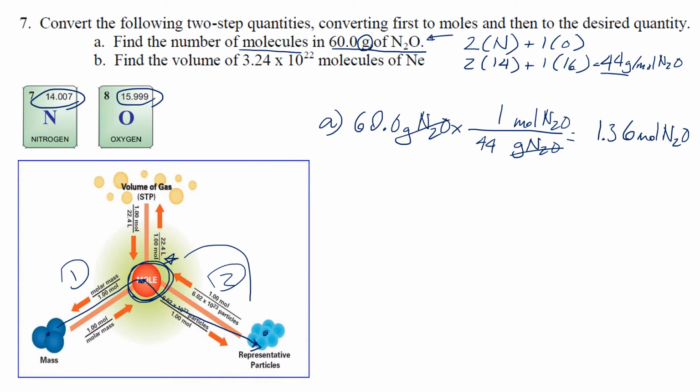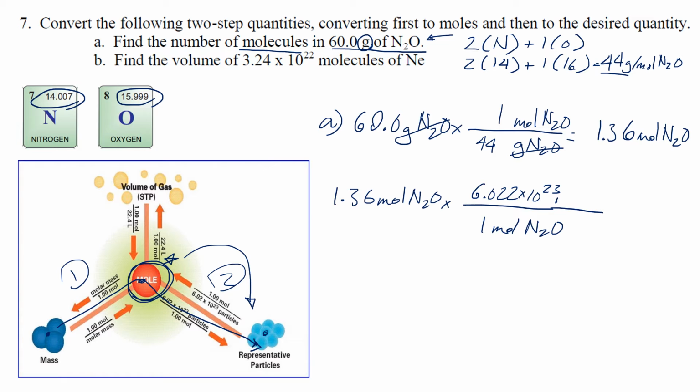Now I just have to hop over to representative particles. I'm going to start with my 1.36 moles of dinitrogen oxide. I know that for every 1 mole of anything, in this case N2O, I have 6.022 times 10 to the 23rd particles, in this case molecules of N2O.